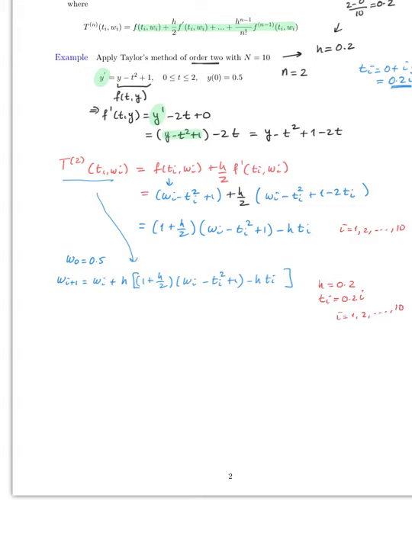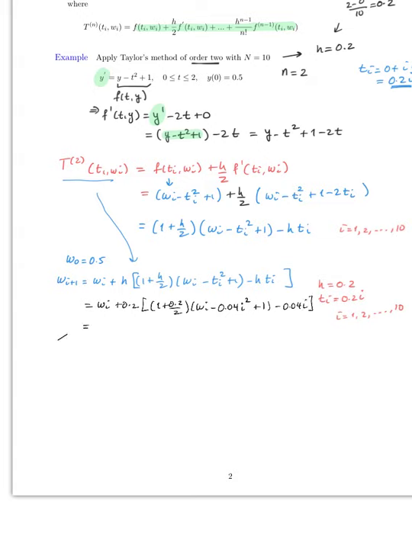So therefore, if we simplify that using this, we end up with wi plus 0.2. This will be 1 plus 0.2 over 2 wi minus 0.04 i squared plus 1 minus 0.04 i.